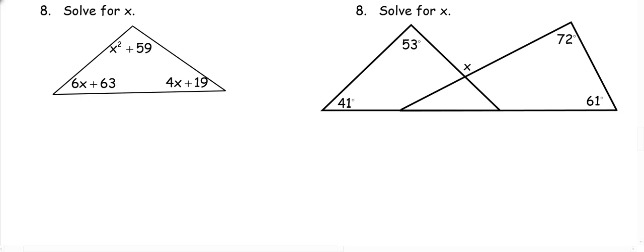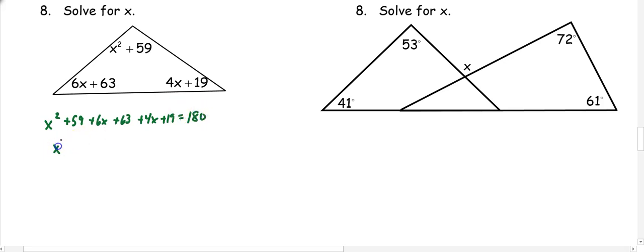So number 8, solve for x. Again, we're going to add all of these angles together and set them equal to 180, the triangle sum. So x squared plus 59 plus 6x plus 63 plus 4x plus 19 equals 180.